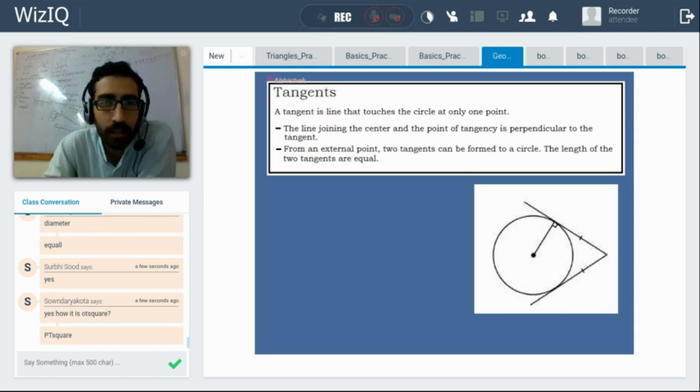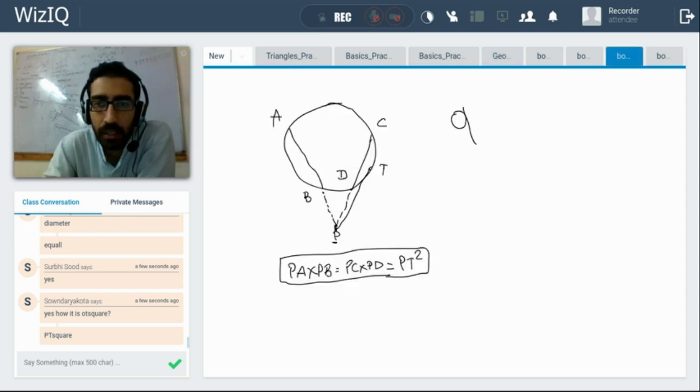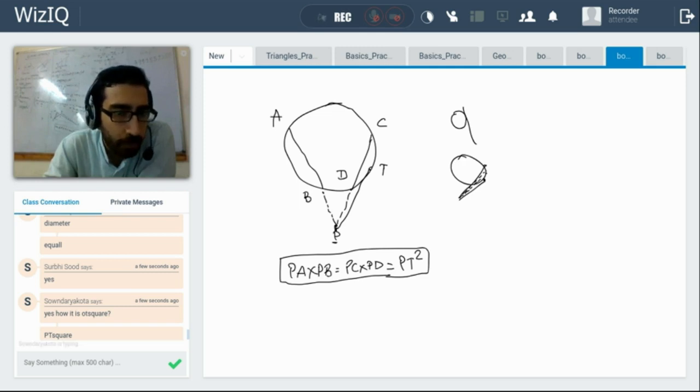See, just by simple understanding, if I were to slowly and steadily shift PC so that it becomes a tangent, then won't PD and PC approach each other in length?